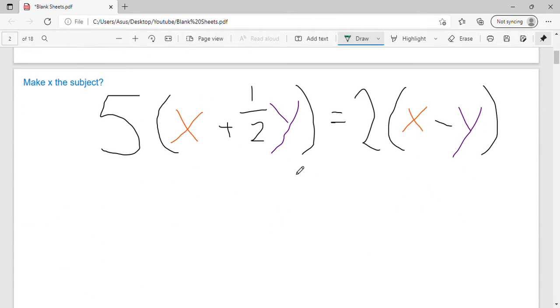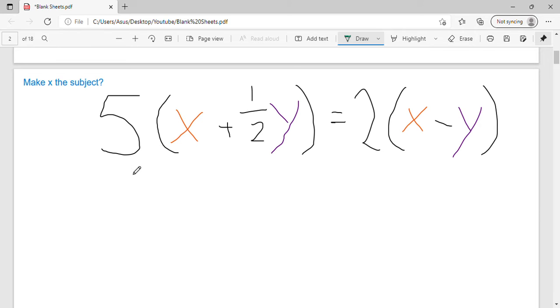Okay, now in this one we've got x on both sides and we've got two brackets. So the easiest way to do this, I think, is to multiply out the brackets on both sides. So you've got 5 brackets x plus 1/2 y equals 2 brackets x minus y, close brackets.